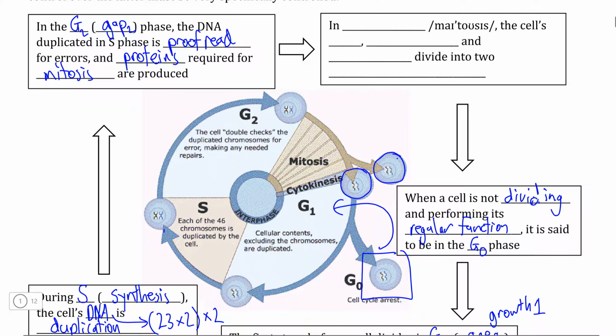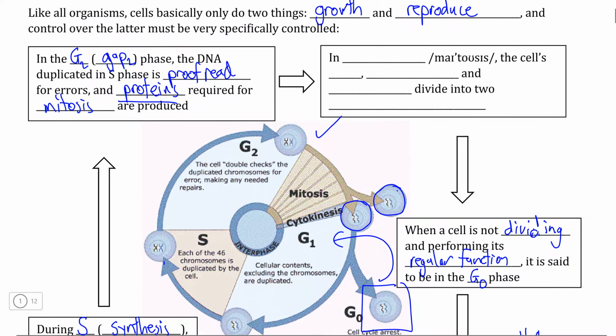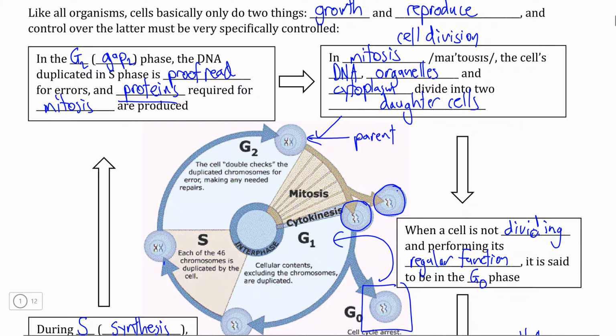And once the DNA produced in S phase has been proofread, and these proteins that are necessary for cell division are made, the cell has passed what we call the G2 checkpoint and is ready to actually start duplicating itself in the process that we call mitosis, which is more commonly known as cell division, where we take a single cell, what we call the parent cell, and where we take all of the material in that cell, so all of the DNA, all of the organelles, the mitochondria, the endoplasmic reticulum, even the nucleus itself, as well as the liquid part of the cell, what we call the cytoplasm, and where we divide that from one parent cell into 2 daughter cells, such as the ones that we see here.